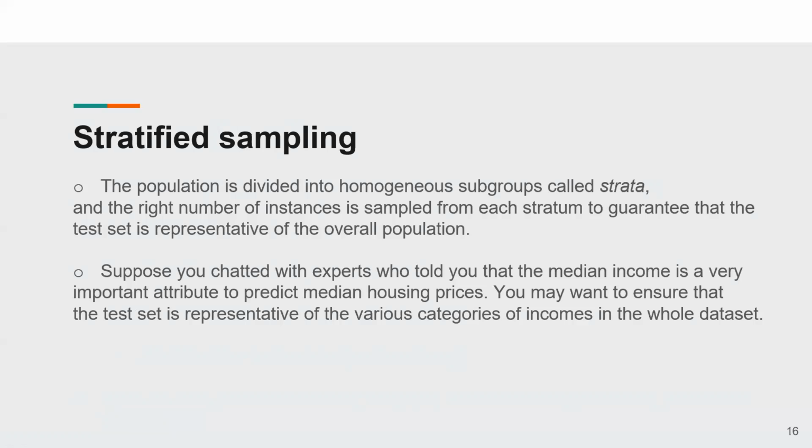Let's just take an example. Suppose you chatted with an expert in your company who told you that the median income is a very important attribute to predict the median housing prices, which most likely makes sense. Then you may want to ensure that the test set is representative of the various categories of incomes in the whole data set.